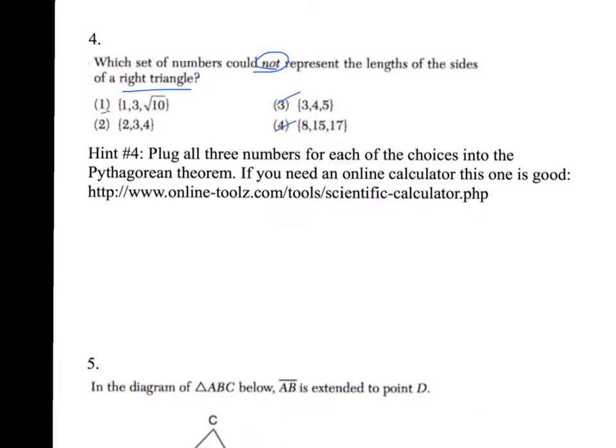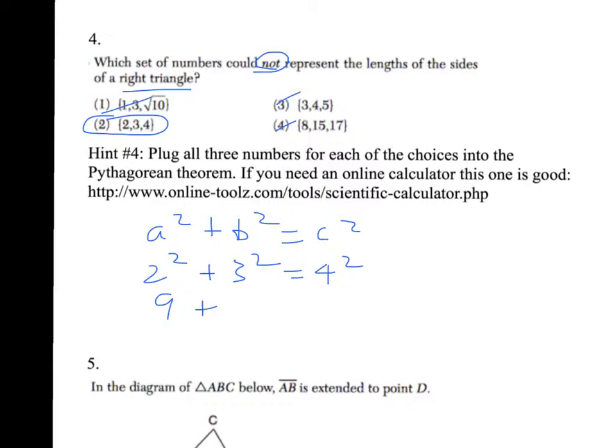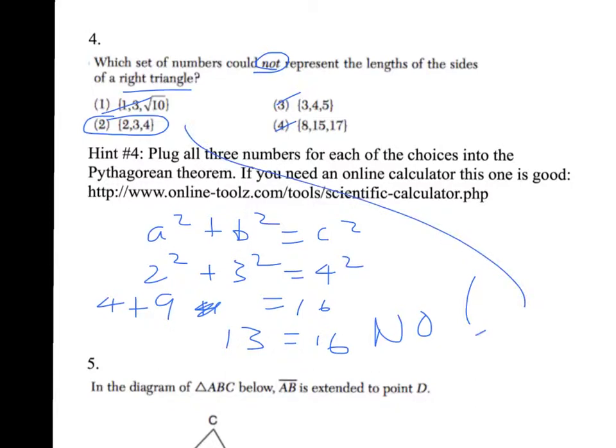All of these work in the Pythagorean theorem, but choice 2 does not, because if you try to put the numbers in, you end up getting something that's false. You get 4 plus 9 equals 16. And 13 does not equal 16. So this would be the one that's not correct.